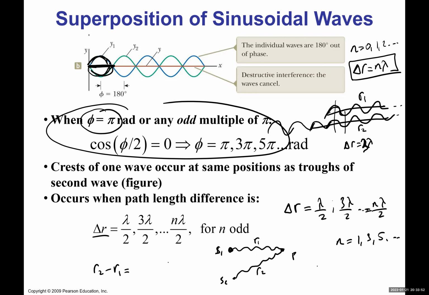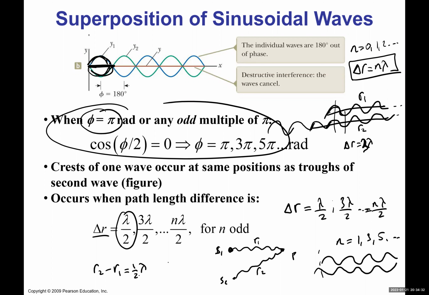Here's wave 1 and here's wave 2. If I shift this one by not 1 wavelength, but let's say half a wavelength, and move this one like this, you can see, right? Just by shifting exactly half a wavelength, I get something like this. And that's when n is 1: the first time you get this, you get exactly a half wavelength difference between them.